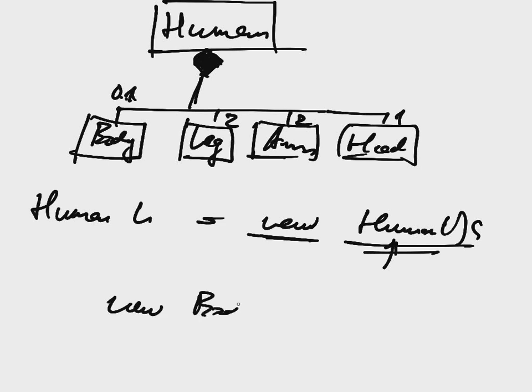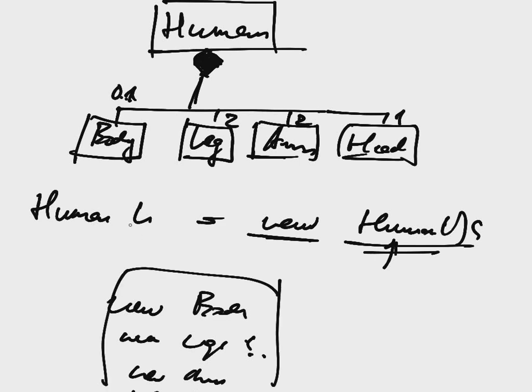New body, new leg, new arm, and new head. And when I look inside the internal structure of this human h, I will see that it also has a body inside it, two legs inside it, two arms inside it, and one head inside it.